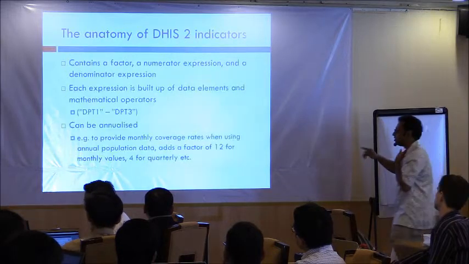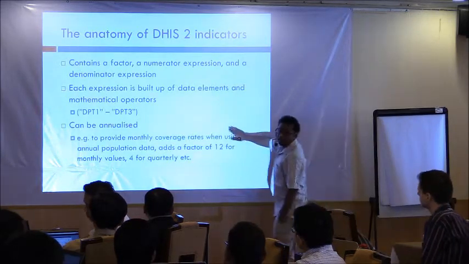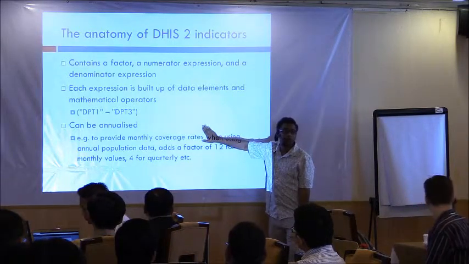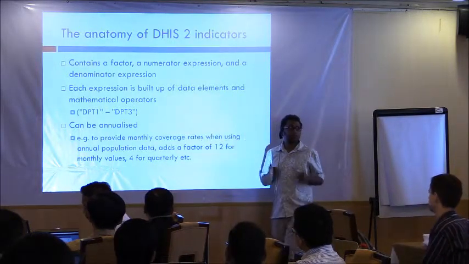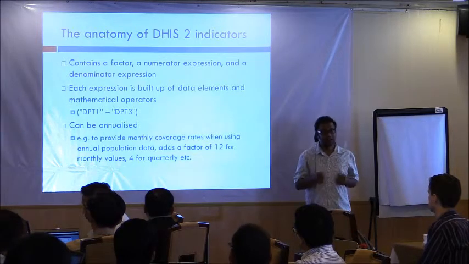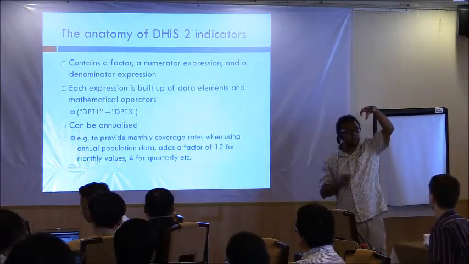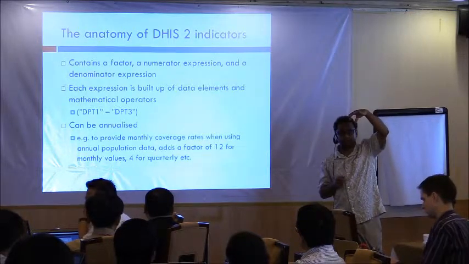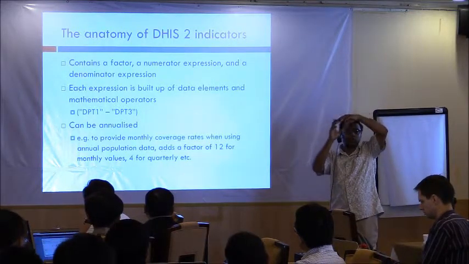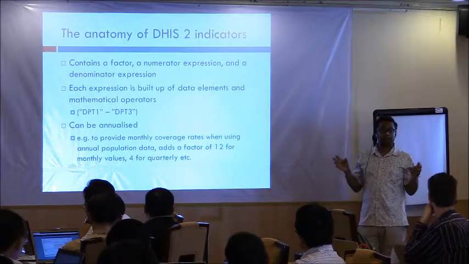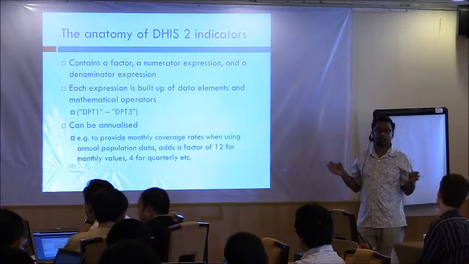Another thing is annualization. You all need to know this, because we have to compare data for the same group. Say the numerator is the total number of BCG given every month, and the expected or projected live births is once a year.